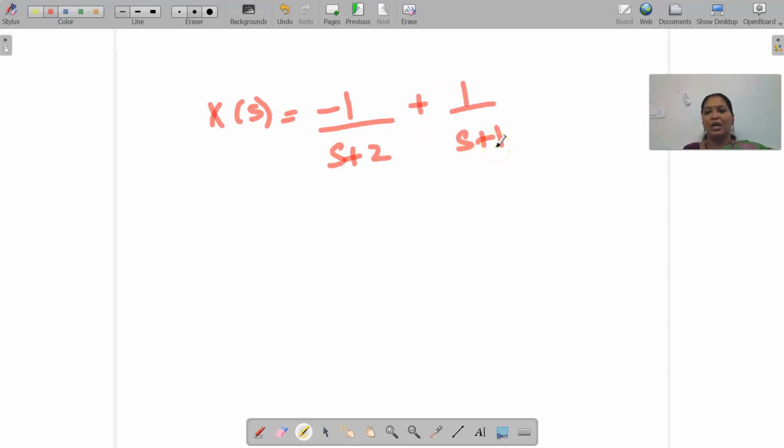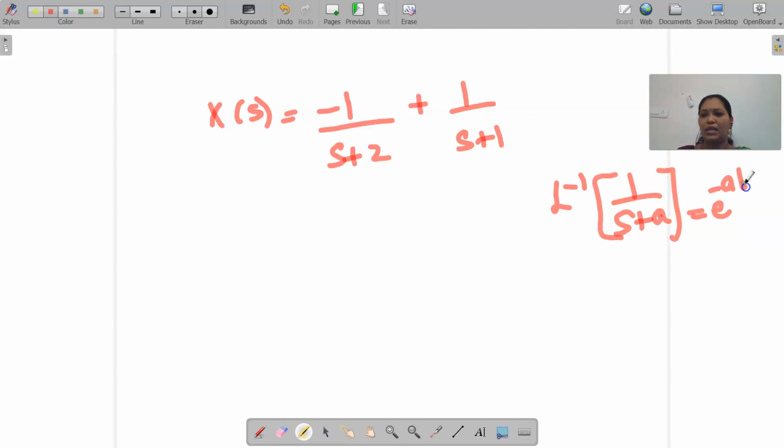Now apply inverse Laplace transform for the given terms. So we know inverse Laplace of 1 by s plus a is e power minus a t u of t. So using that formula.